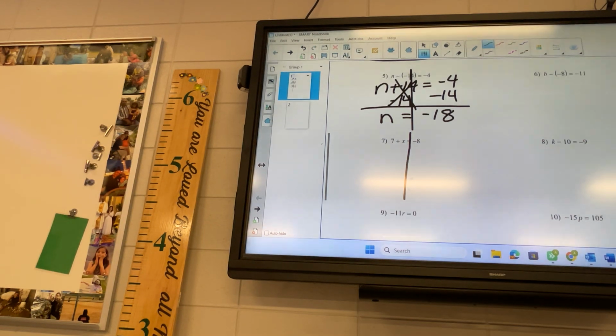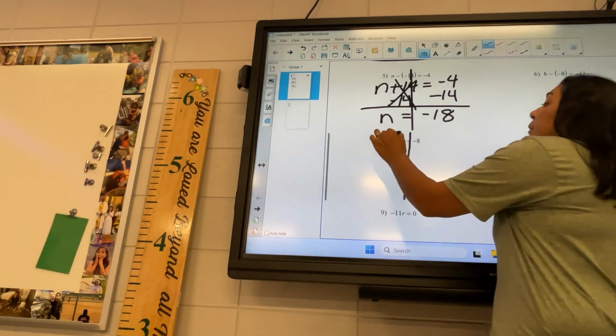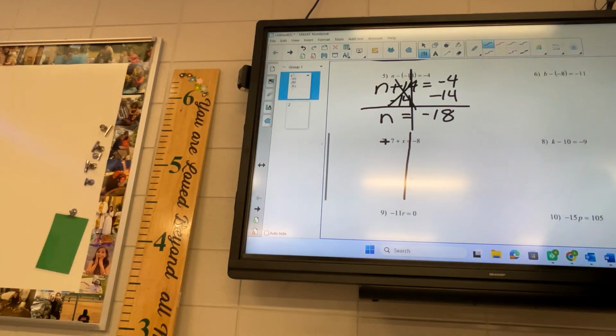The 7. Now, if there's no sign in front of a number, what is it? It's addition. So if there's no sign in front of something, it's a plus sign, and you could put that here if you want to, but this is really a plus 7. So what do we need to do? What goes with plus? Minus. So we're going to say minus 7 on both sides.